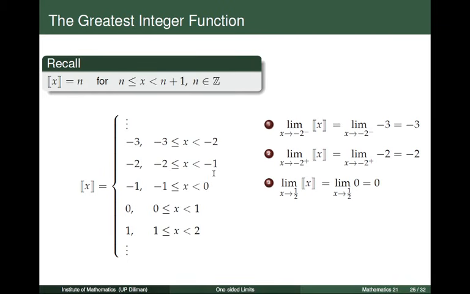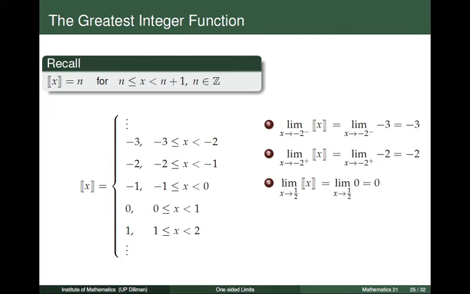And we see that the corresponding functional value of the greatest integer of x is negative 2. And so, we need to consider the limit of negative 2 as x tends to negative 2 from the right, which is equal to negative 2. So this limit here is equal to negative 2.